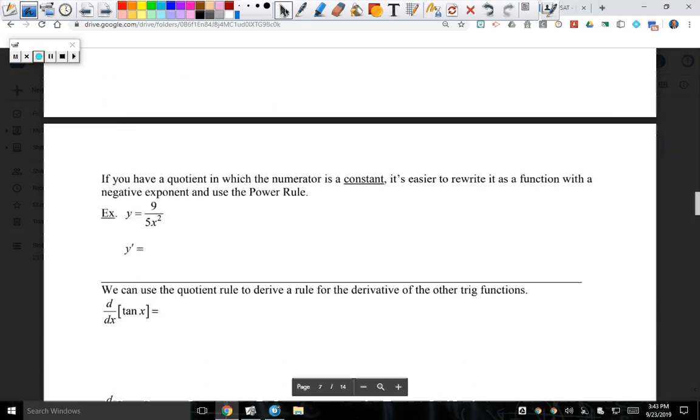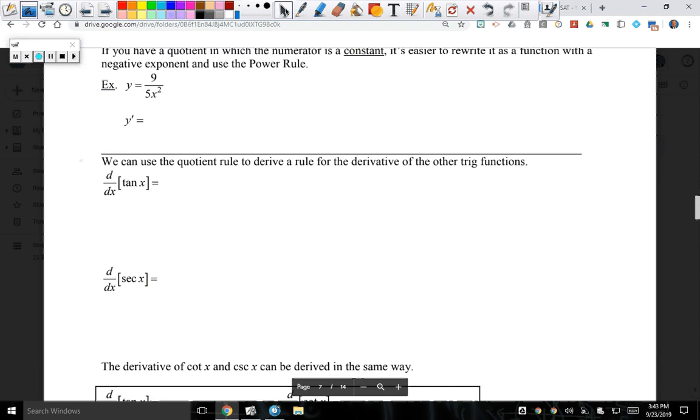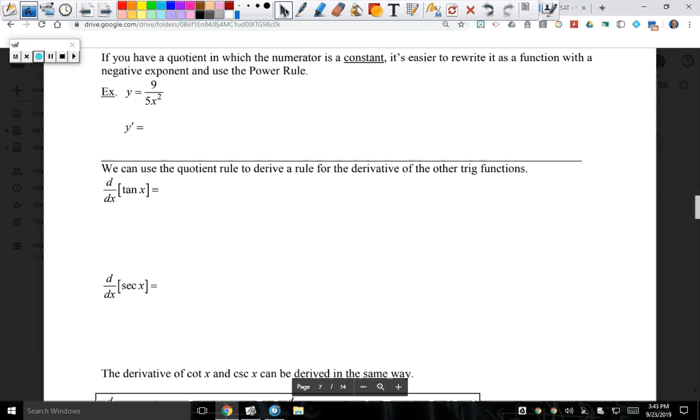Alright, so let's go to a couple things. First of all, watch. If you have a quotient in which the numerator is a constant, we've talked about this, it's easier to write this as 9/5 x to the negative 2. Notice that I just brought the x up. If it wanted me to bring up the 5 as well, it would have been written like this.